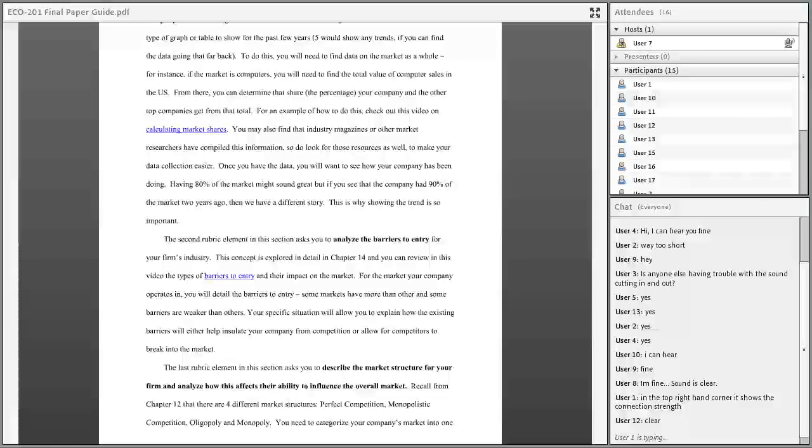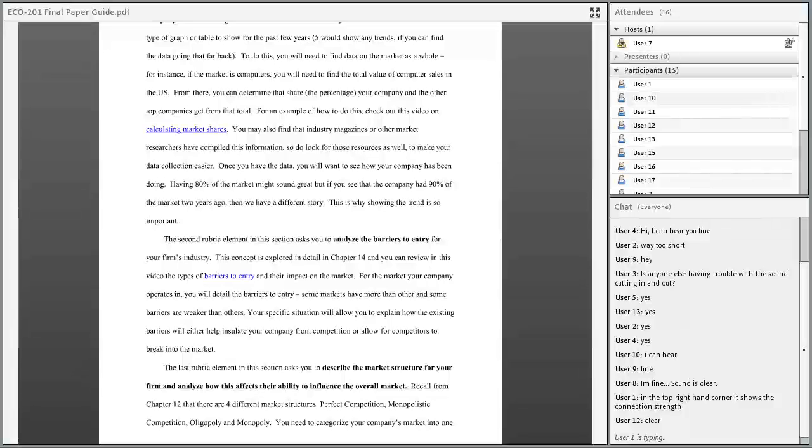Tesla entered the market fairly recently compared to other companies, and they were successful in entering the electric car market. So they were able to overcome the barriers to entry for the automotive market.